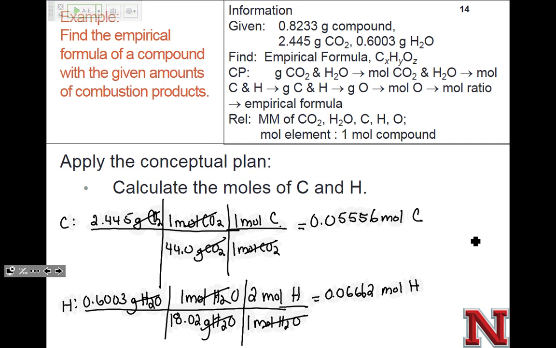To do that, we need to use some knowledge. If we started with 0.8233 grams of our compound containing carbon, hydrogen, and oxygen, and we know how much mass of carbon and mass of hydrogen we recovered, we can then calculate how much mass of oxygen, because the law of conservation of mass tells us that however much mass we reacted, that's how much mass we're going to get out.